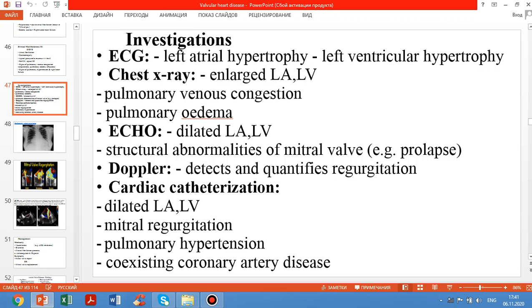In Doppler, detect and quantify regurgitation. Cardiac catheterization shows dilated left atrium and left ventricle, mitral regurgitation, pulmonary hypertension, and coexisting coronary artery disease.